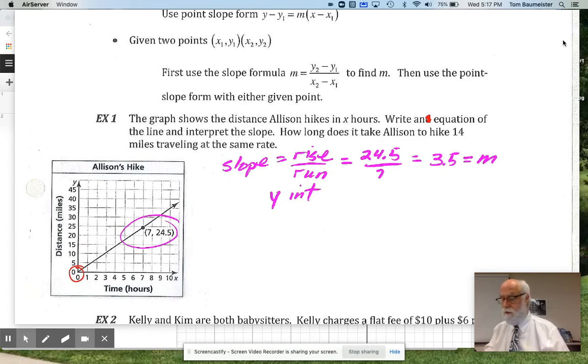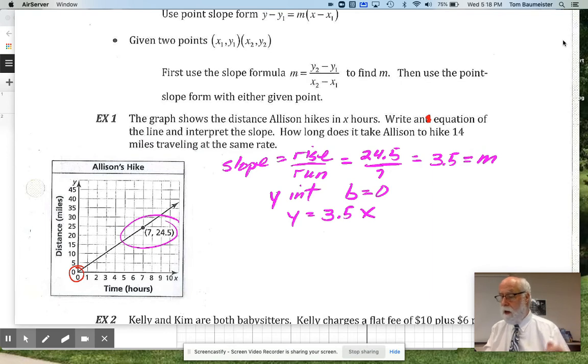So b is equal to 0. Our equation of our line is y is equal to m, which is our 3.5, times x plus b. Well, our b is 0, so I don't really have to write it down. If you put plus 0, that would be okay, but you really don't need to do that.